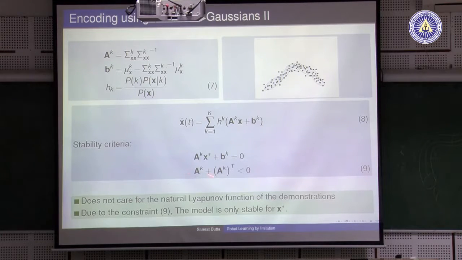In that way, when they are learning the A parameter, they ensure that this term is always negative definite, and when it reaches x star, they make sure that this term, which works as a disturbance to the model, is also 0. So what happens when the trajectory during reproduction reaches over here, it reaches x star.